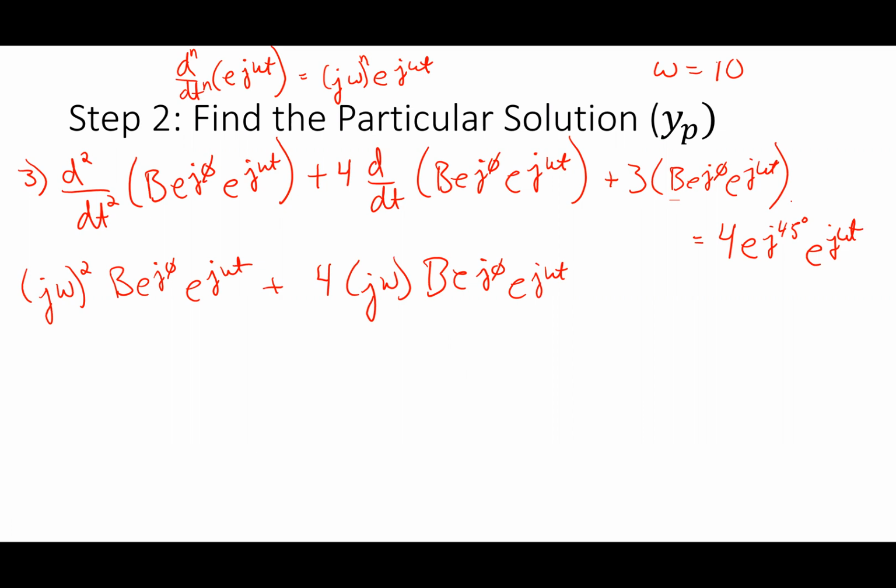This term here I don't do anything to, so plus 3 times b e to the j phi e to the j omega t. And that's all equal to 4 e to the j 45 degrees times e to the j omega t.